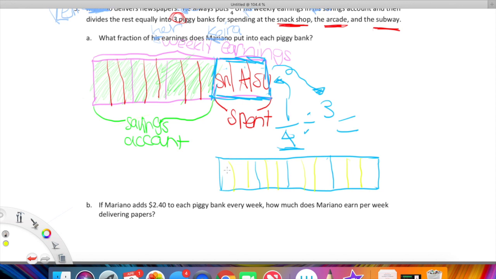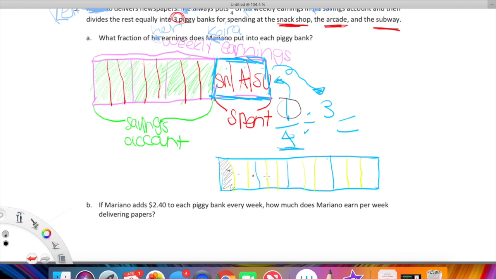So we cut it into 3 equal parts in each box. So let's shade. We have to shade in one part because it's 1/4. Let's count how many boxes there are. 1, 2, 3.